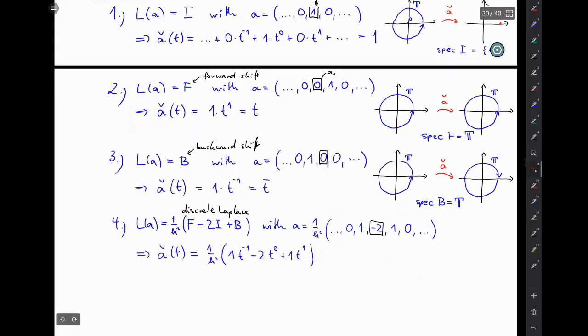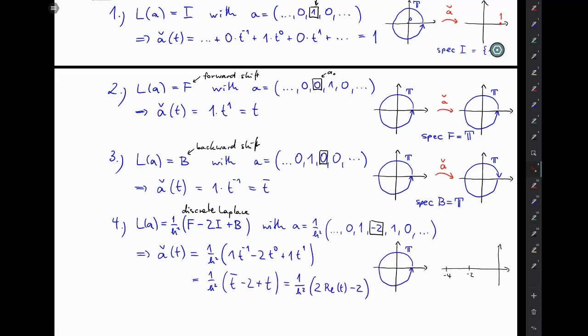So you have your coefficient 1 over h squared, and then 1 times t to the power minus 1, because this is position minus 1, minus 2 times t to the power 0, because that's position 0, and 1 times t to the power 1, because that's position 1. And then you again simplify, turn t inverse into t complex conjugate, and recall that a complex number plus its complex conjugate gives you twice the real part.